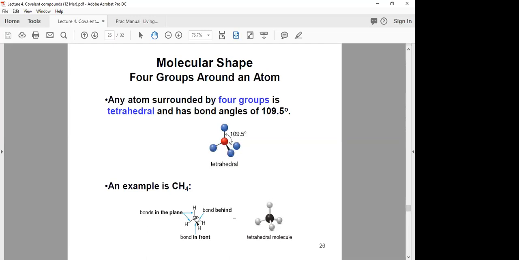So here's the dashed line, and this indicates that that particular covalent bond is situated behind the plane of the carbon. This bold wedge here, again, is also a single covalent bond, but it's telling us that this particular hydrogen is positioned in front of the plane of that carbon, and therefore that forms our tetrahedral molecule.